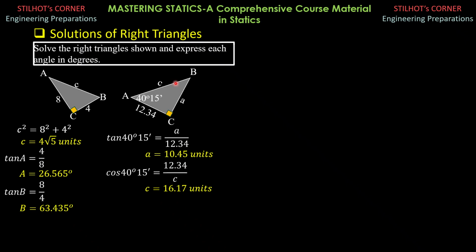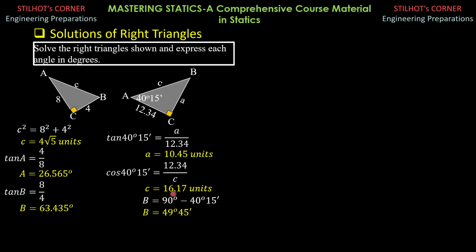Then to solve for angle B, it is 90 degrees minus 40 degrees 15 minutes, and that's 49 degrees 45 minutes. So I'm going to check this answer by the first way. I use Pythagoras theorem.